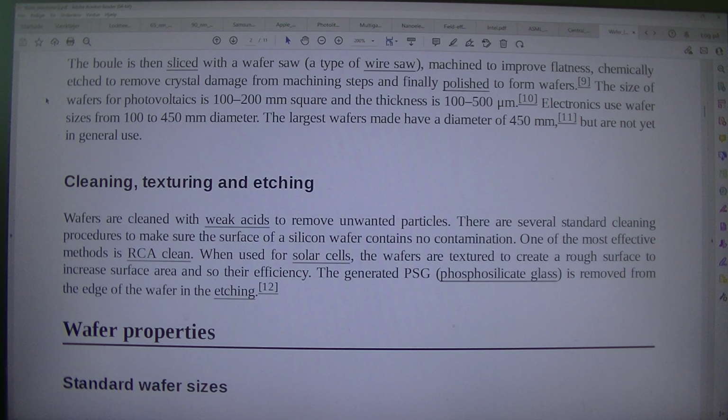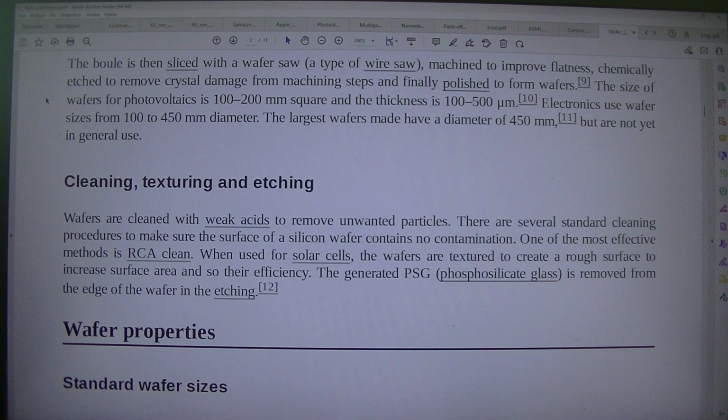The size of wafers for photovoltaics is 100-200 mm square and the thickness is 100-500 µm. Electronics use wafer sizes from 100 to 450 mm diameter. The largest wafers made have a diameter of 450 mm, but are not yet in general use. Cleaning, texturing and etching.